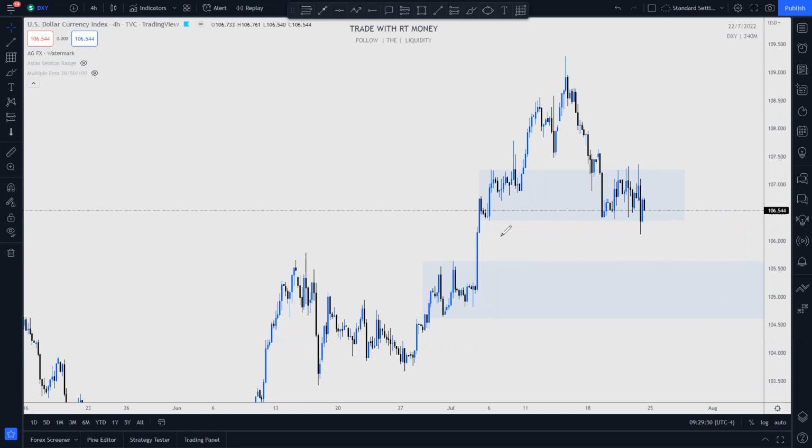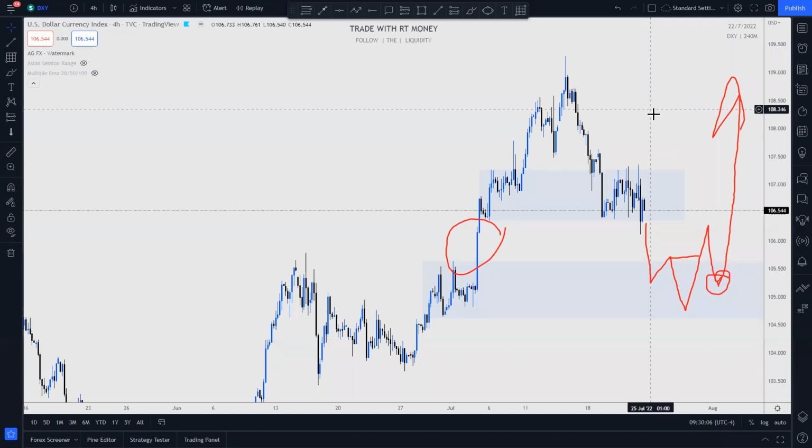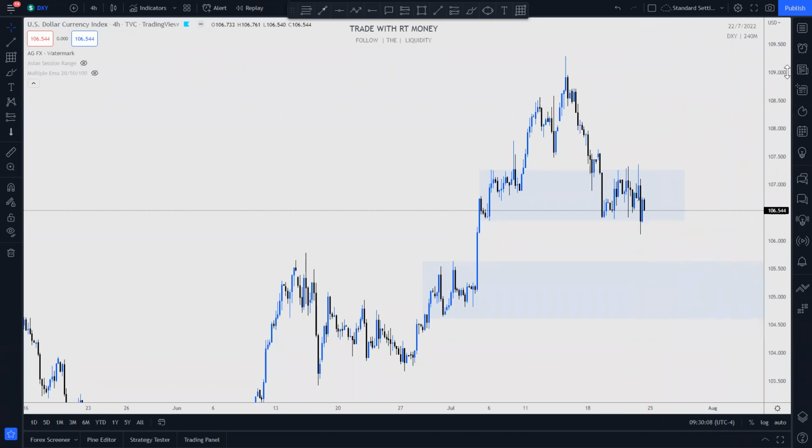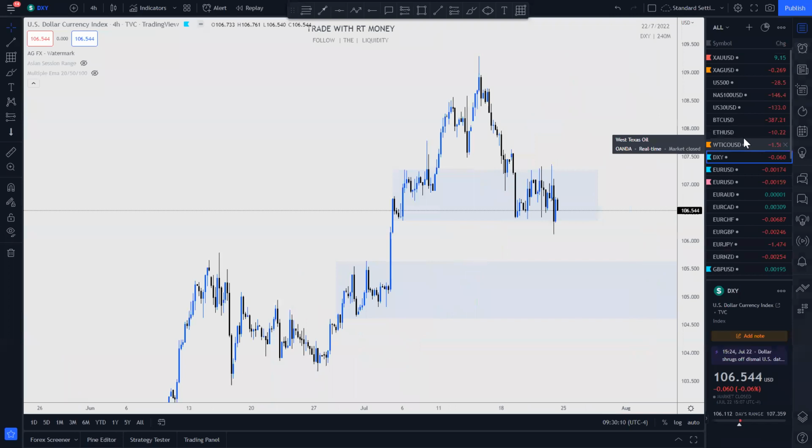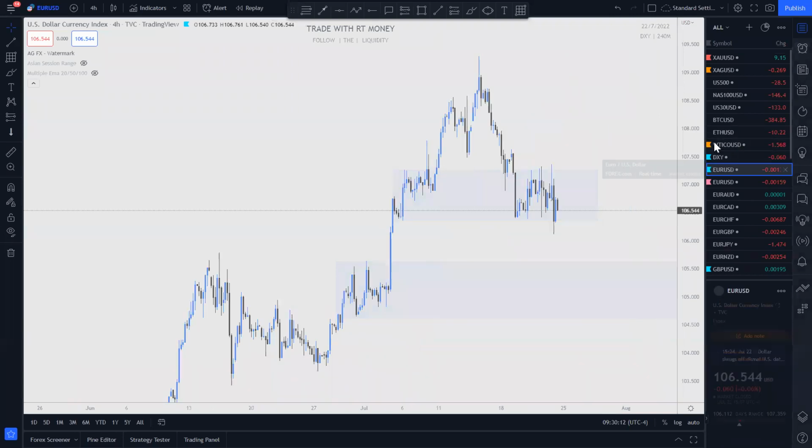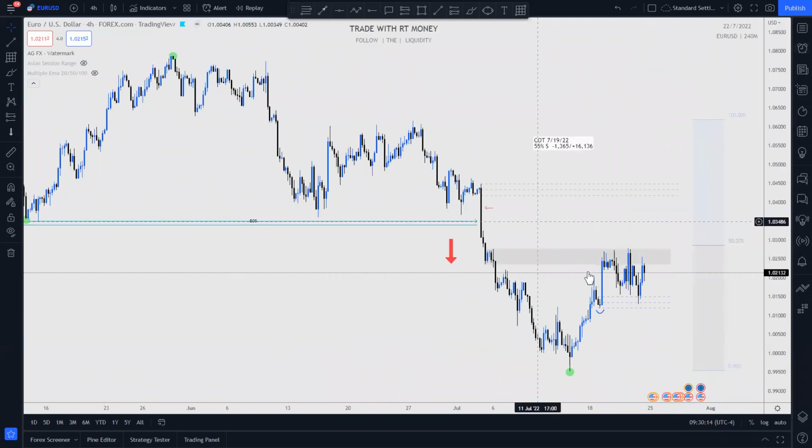So if it closes this gap and we get our pattern, you understand? If we get our pattern, it's going to be a high probability that price is going to go up on the Dixie, but we're looking for price to continue in the bearish trend, the overall bearish trend on the Euro USD.